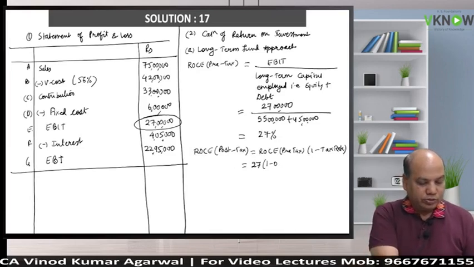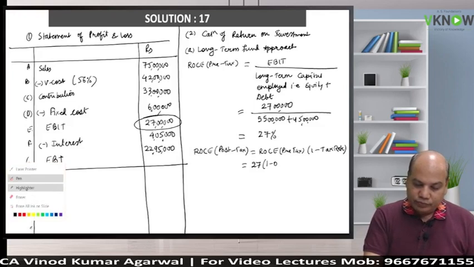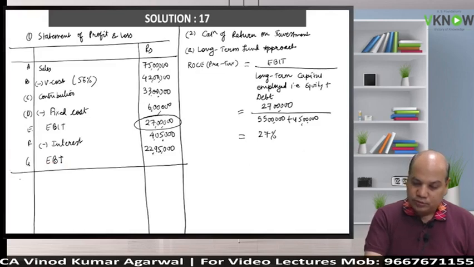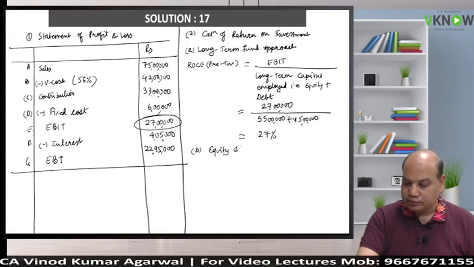Wait, there is no tax rate. Okay, tax rate is not given. So you can just delete it. Then write down one more thing. Second approach is, if tax rate was given, then you do it. Equity shareholder fund approach.